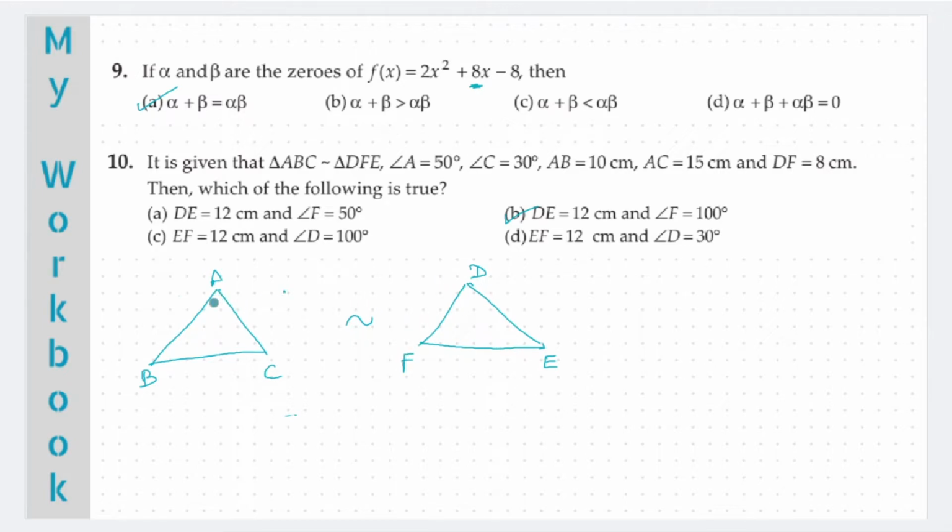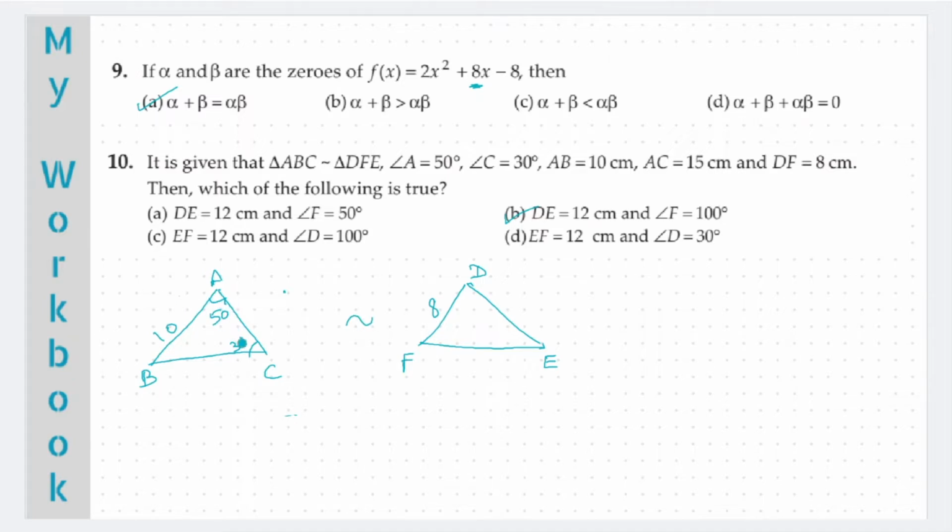Angle A is given as 50. Angle C is given as 30. AB is 10 and DF is 8. So we need to find the remaining sides or angles to establish a relation and find out which is true.